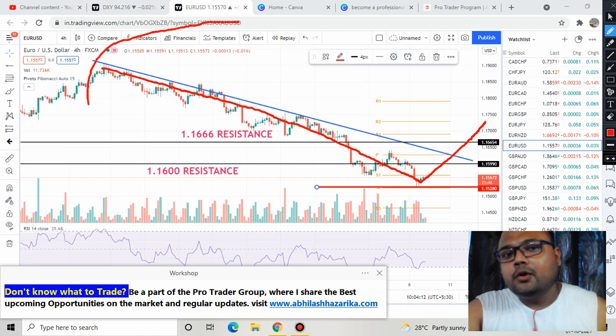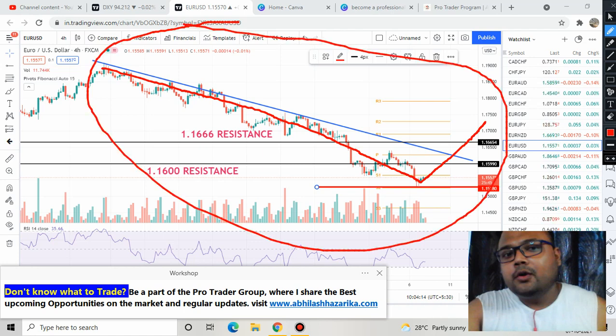We can clearly see that this market is in downtrend, and assuming that market has made the bottom and is about to reverse will be a very bad thing. So do not make the same mistake. Do try to follow the strategy that I have just shared.